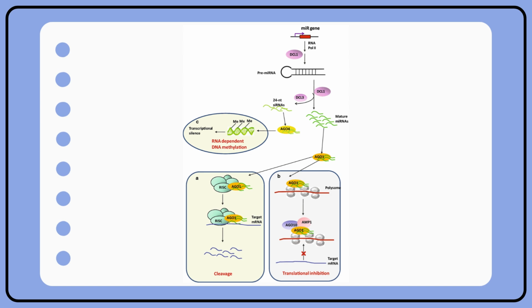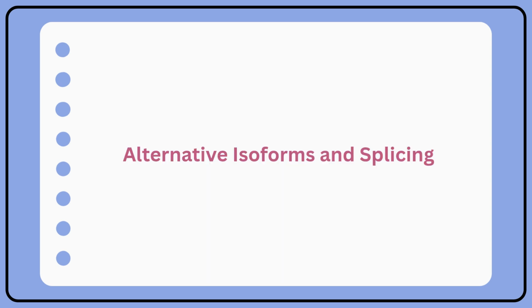So, RNA-mediated control is the cell's way of regulating gene expression after transcription. And so, through this process, the cell can make sure the right amount of protein is made at the right time.